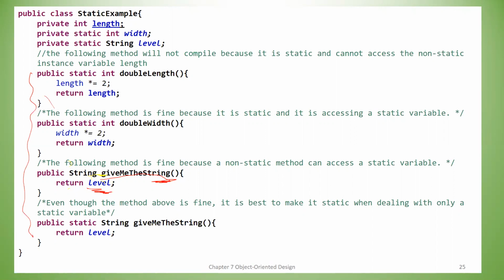It already exists as soon as you mention the class name. But the instance variables are not there yet before you create an object. How can the static method reference something that doesn't exist? That's the whole rationale. Does that make sense, Jesus? Yes, that makes sense. Thank you. Any other questions, everybody?